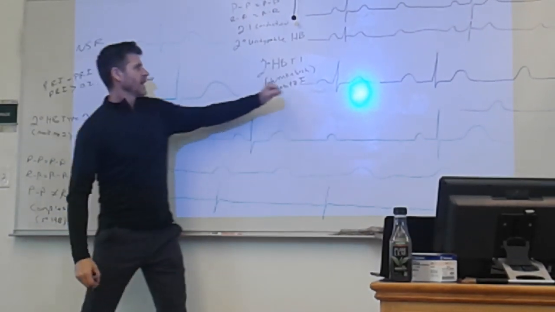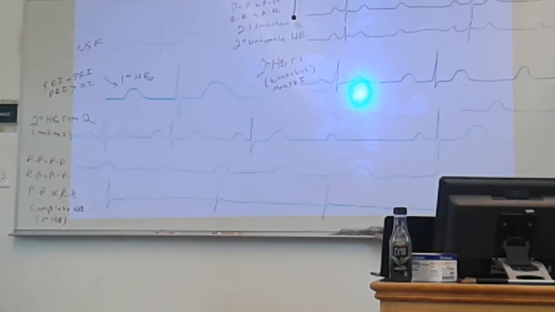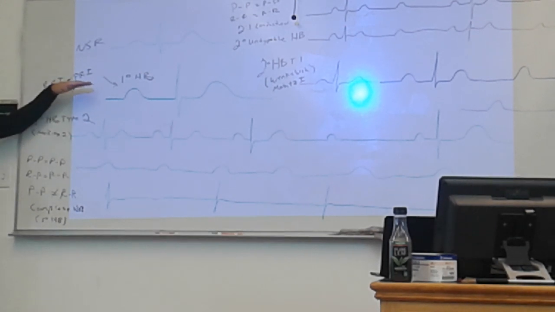first degree and second degree type 1 are most of the time reasonably benign. There are some bad things that can cause them, but there are also benign things that can cause them. Just increasing your parasympathetic involvement or a vagal maneuver can lead to one of those.